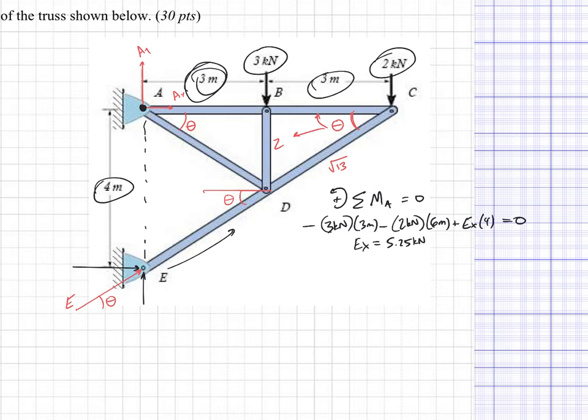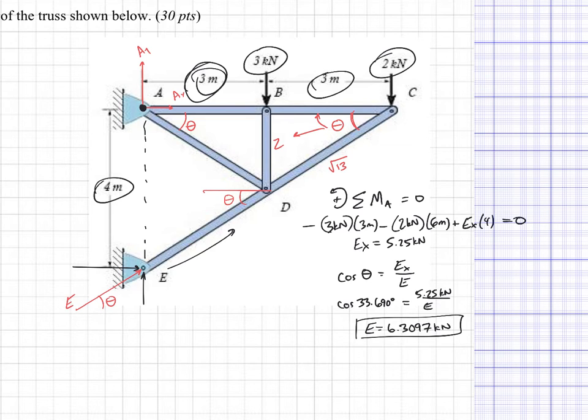Let's say the cosine of theta equals the adjacent EX over the hypotenuse E. So the cosine of 33.690, that's my theta, equals 5.25 kilonewtons divided by E. If I rearrange that and solve, I get E equals 6.3097 kilonewtons.